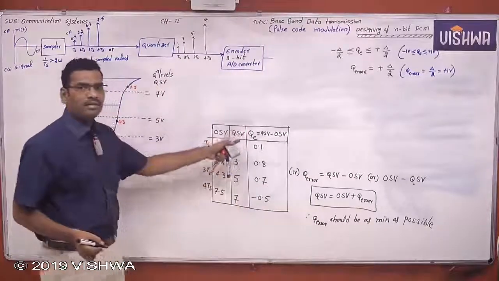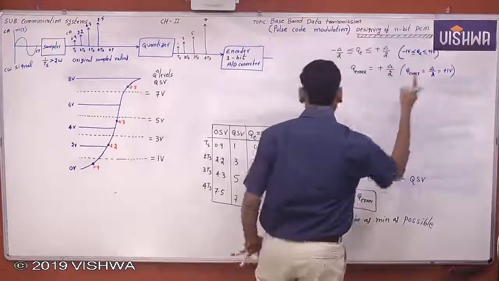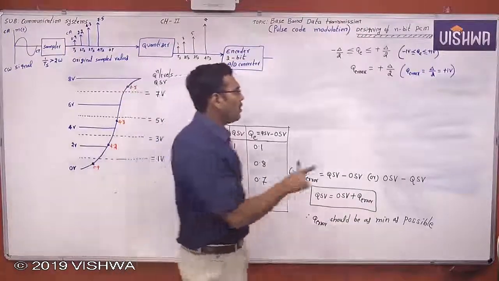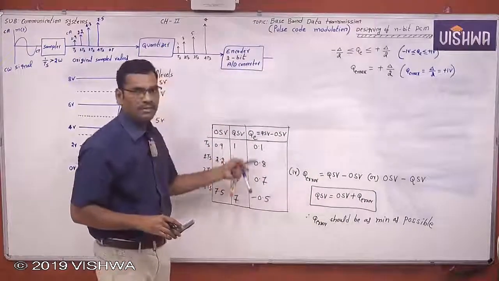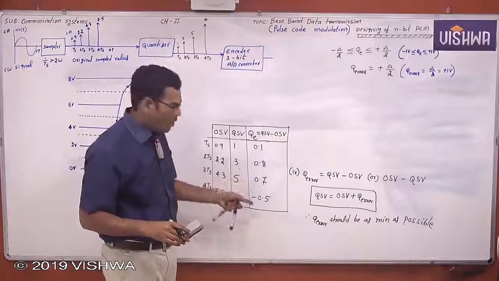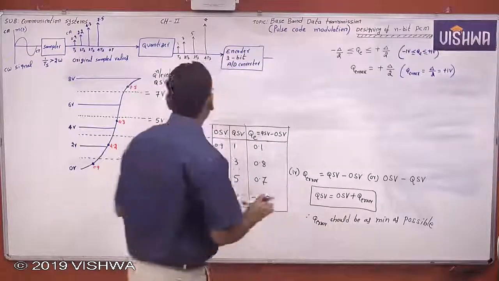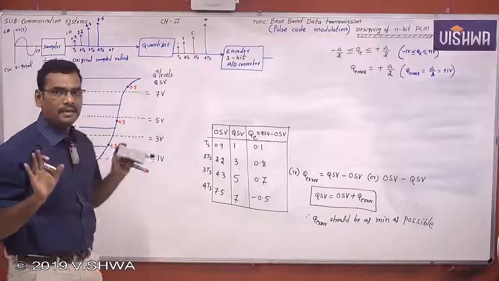Now, are all these quantization errors within the boundary of minus 1 to plus 1? The maximum allowable quantization error is plus 1, which is not exceeded. All are less than 1, all are between minus 1 and plus 1. In such a situation, the quantizer you are designing is acceptable.